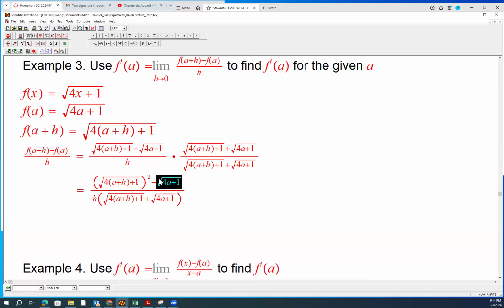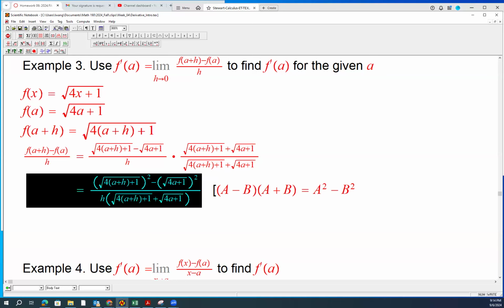right? All right. Do I need to remind you that a minus b times a plus b equals a squared minus b squared? I think you know that pretty well by now.